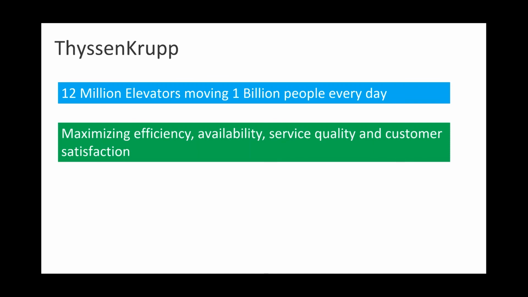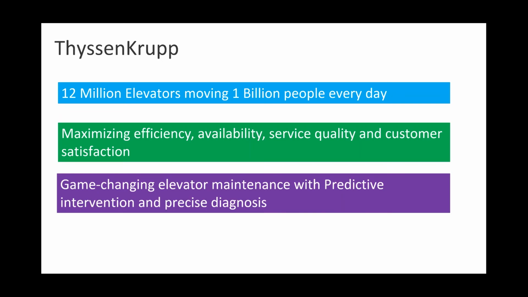And their mission is how do you maximize efficiency, availability, service quality, and customer satisfaction. And today they want to actually change the game from an elevator maintenance perspective, using predictive intervention and diagnosis, right?